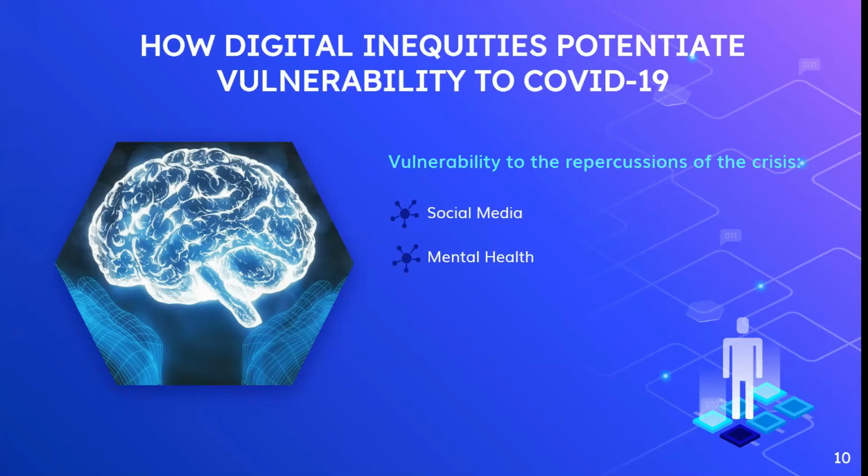Vulnerability cautions of the crisis. Internet plays a crucial role in the rapid and diffuse growth of fake news or other information from unrecognized sources that might go against government and public health recommendations. So, social media. Social media helps us impose various degrees of social distancing measures and virtual spaces.